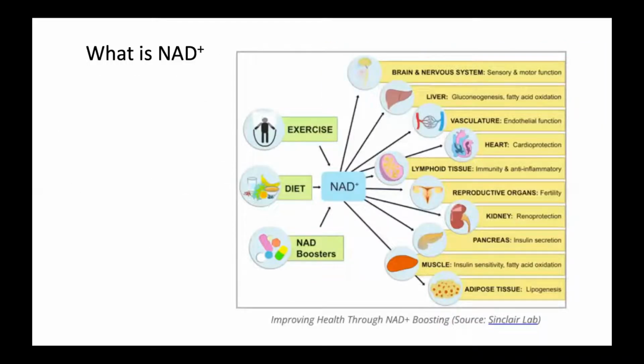NAD stands for nicotinamide adenine dinucleotide. From single-cell organisms like bacteria to sophisticated multicellular ones, NAD is one of the most abundant and crucial molecules. Basically, without NAD, we would be on the fast track to death. You may have seen the advertisement for NAD supplements.